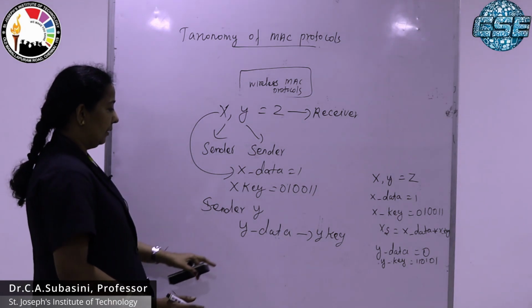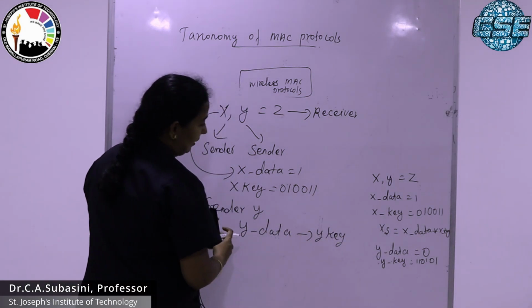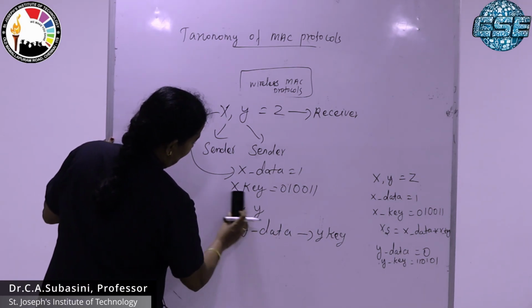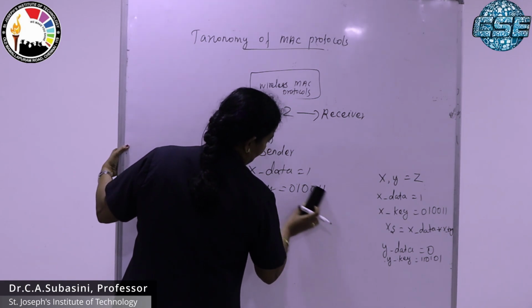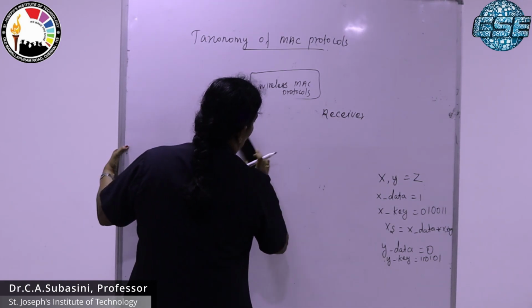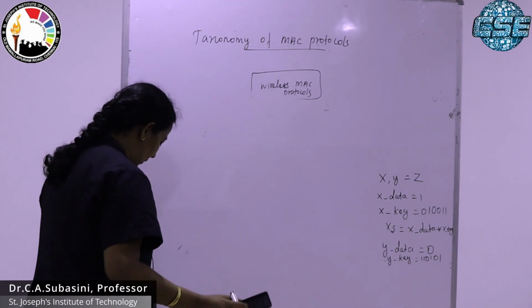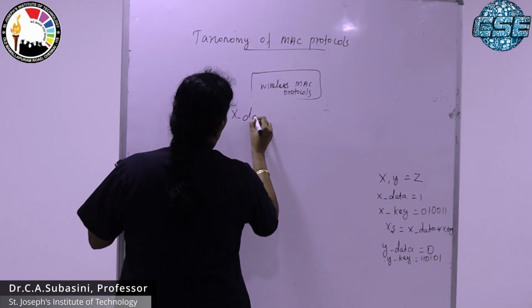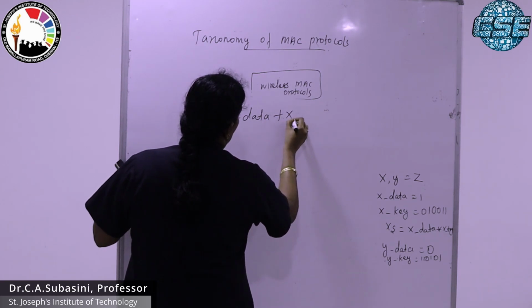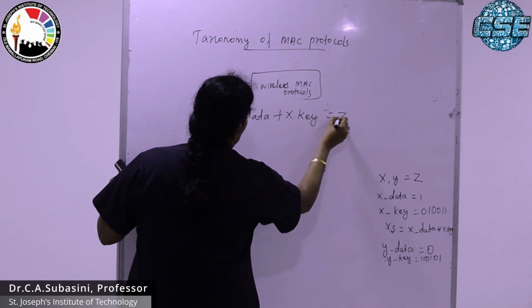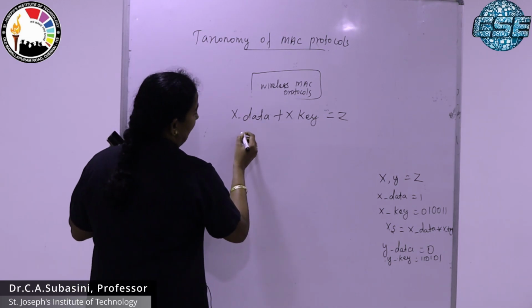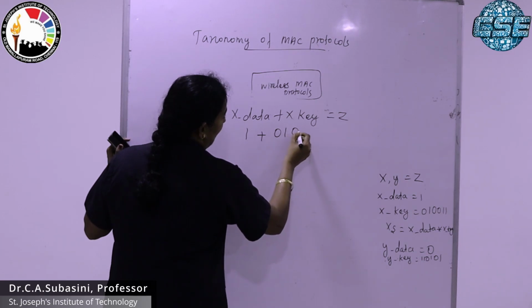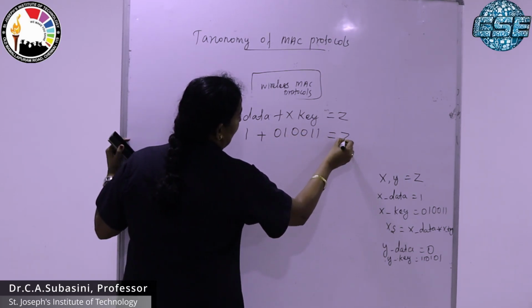The Y data will be 0 and the Y key will be 0 0 1 0 0 1 1. So in code division multiple access, X data plus X key equals Z.